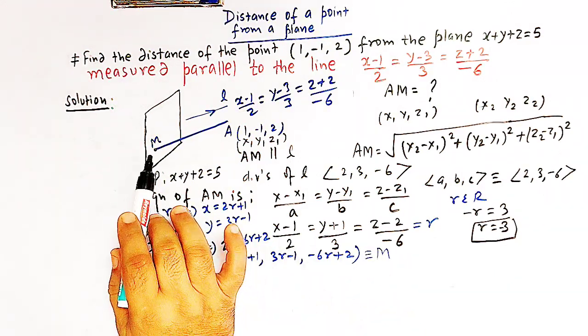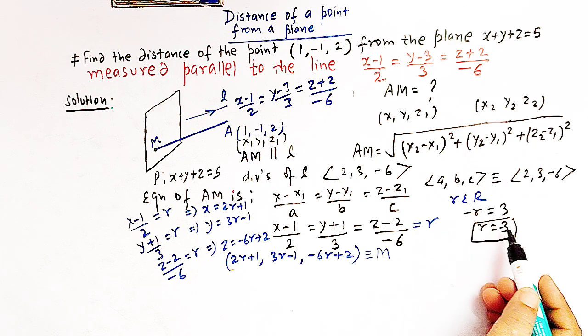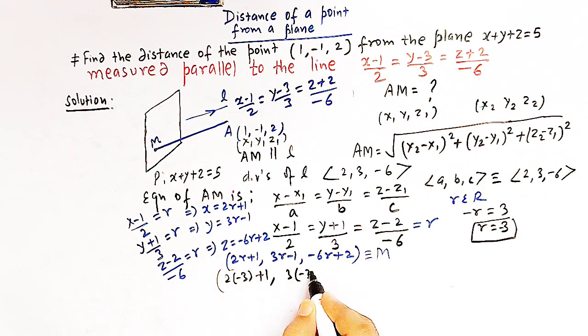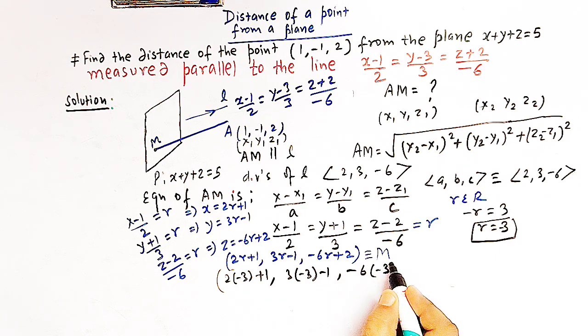Now the coordinates of M can be obtained by taking r is equal to minus 3 in this coordinate. So we have 2 times minus 3 plus 1, then 3 times minus 3 minus 1, then minus 6 times minus 3 plus 2.